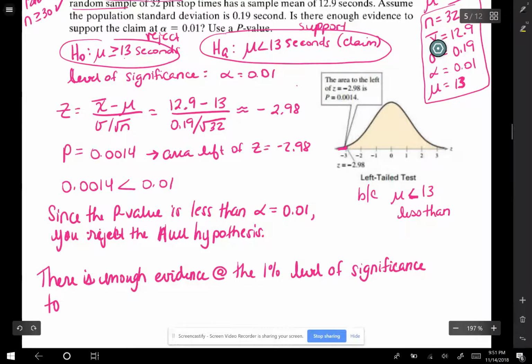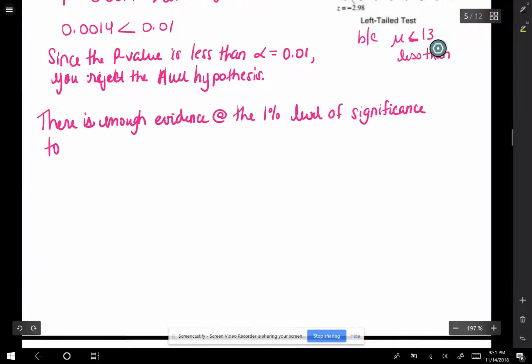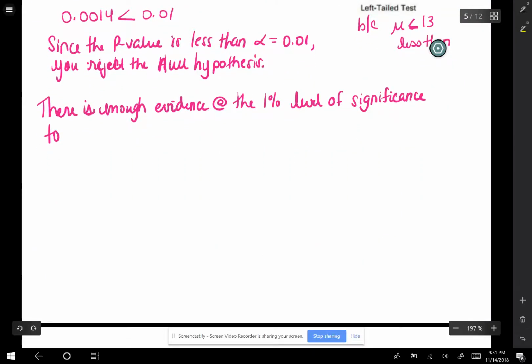Whichever one you reject, you're supporting the other one. So if we reject this one, we're supporting the claim. So there is enough evidence at the 1% level of significance to support the claim that the mean pit stop time is less than 13 seconds.